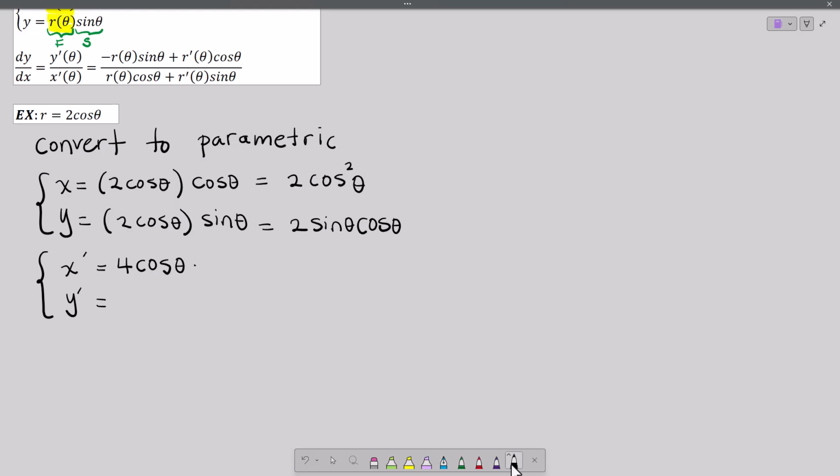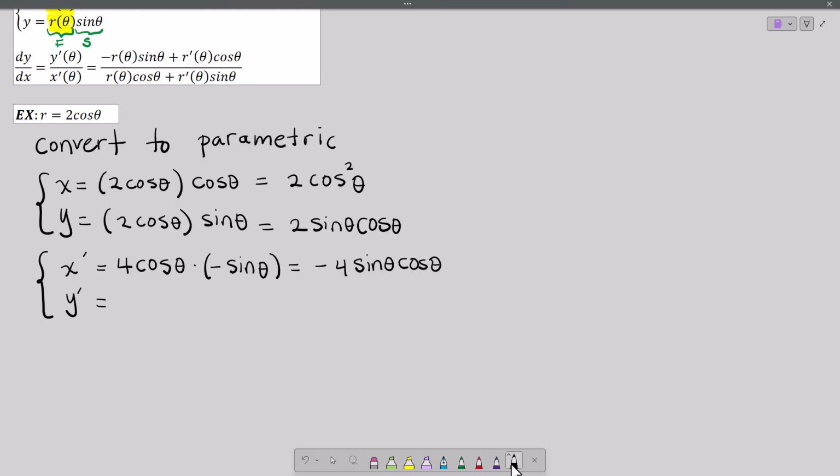And then we multiply by the derivative of the base. The derivative of cosine is minus sine of theta. Maybe I'll put that in parentheses here just to emphasize that that minus is coming from that second part. So this will be minus 4 sine theta, cosine theta. All right, so there's our x derivative.